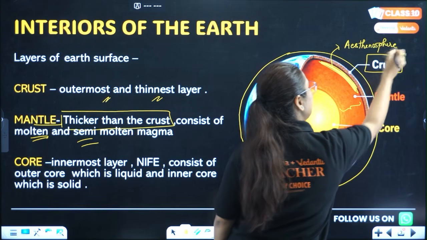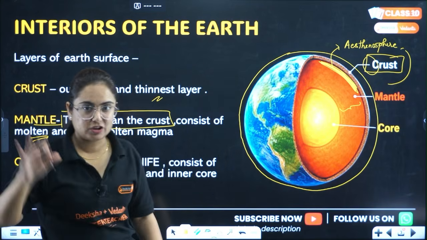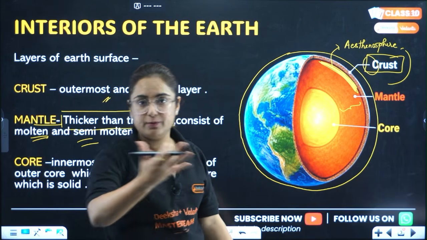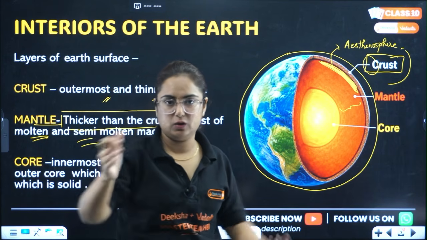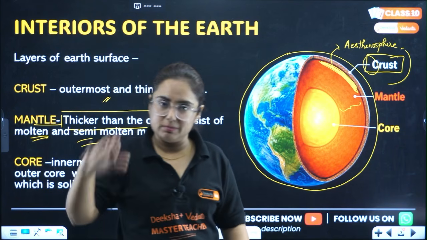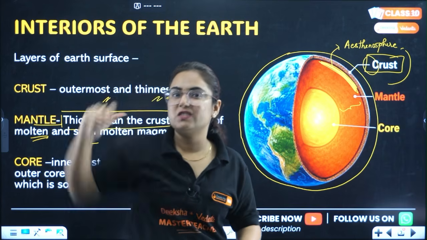Do remember this, because the crust is floating over this asthenosphere. Pay attention, the crust is floating over the asthenosphere. Like on a river, when we put a wood-like block on it, it will float because it's lighter. Similarly, it's not liquid, but it's semi-liquid, on which the crust is floating.